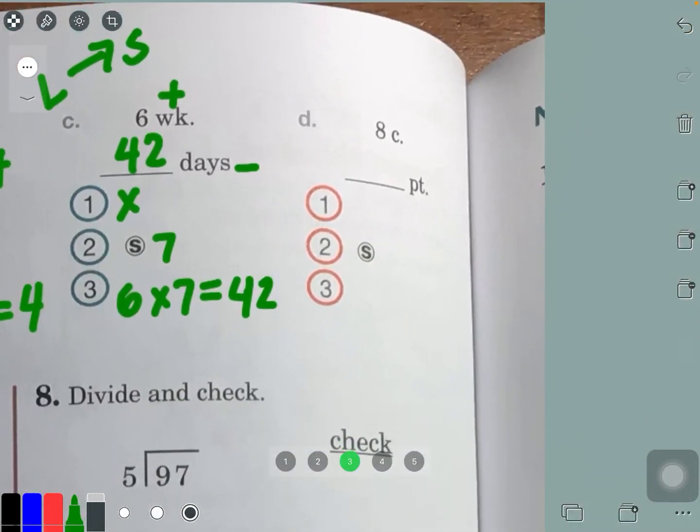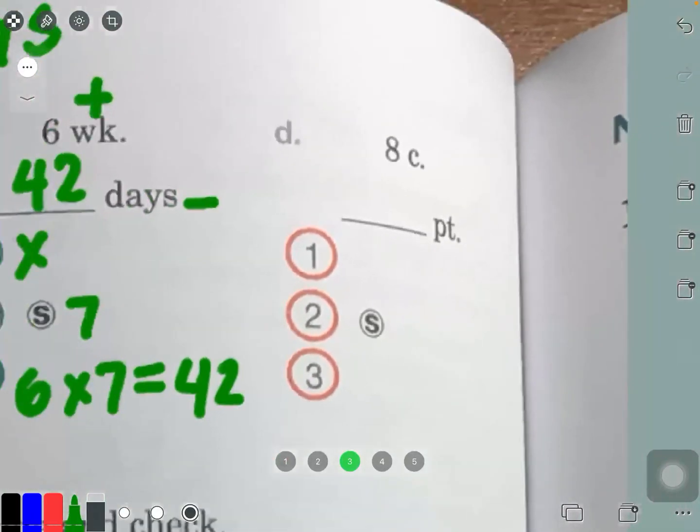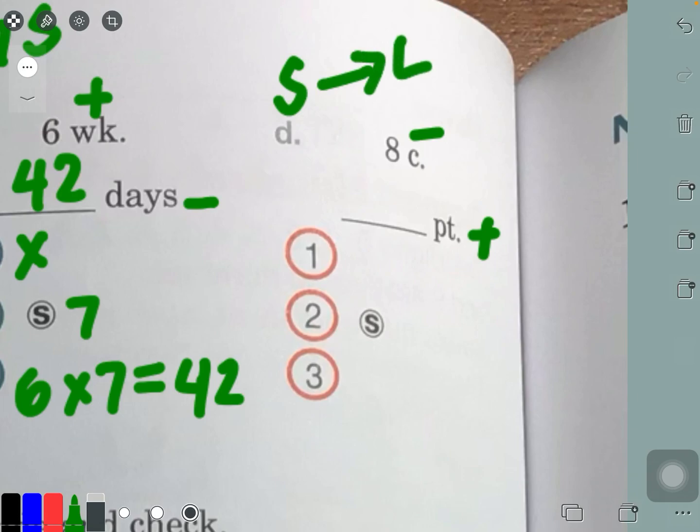Okay, letter D. Cups and pints. Who is bigger? The pints. So that means I'm going from small to big. I'm going from a small measurement to a large measurement. Okay, so small to big, I'm doing the hand motion. Small to big I divide. Do you remember how many cups are in a pint? Not how many pints are in a cup.